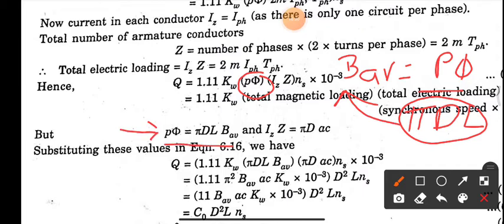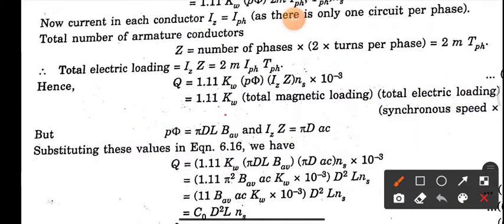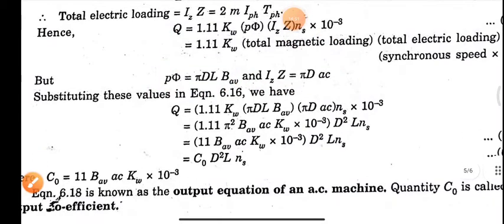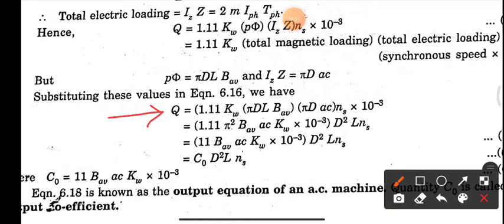In the same way, for the specific electric loading, we have Iz into Z is equal to pi d Ac. Now we replace these two equations over here, and we get Q is equal to 1.11 kW pi dl BAV pi d Ac Ns into 10 raised to the power minus 3.